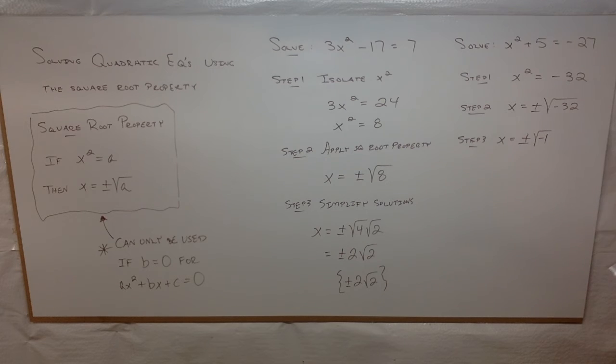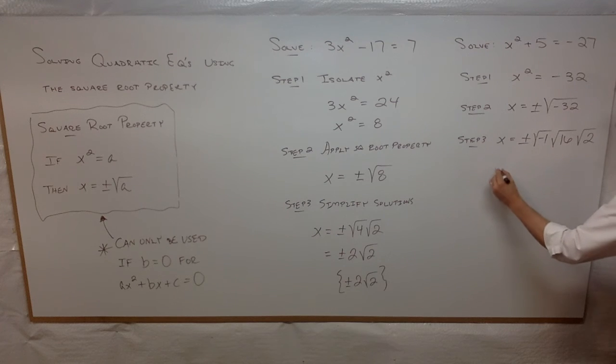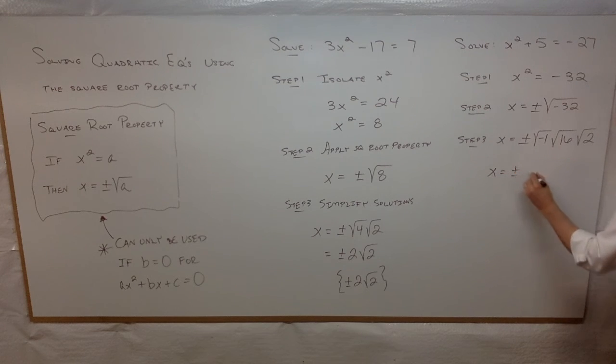Let's separate the imaginary part from the rest of the problem. Now, square root of 32, the largest perfect square that divides into 32 is 16. And 16 times 2 is 32. Dividing this up very specifically. All right, so cleaning this mess up. That, of course, is i, plus or minus i.